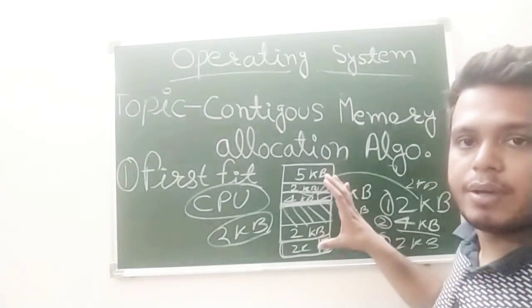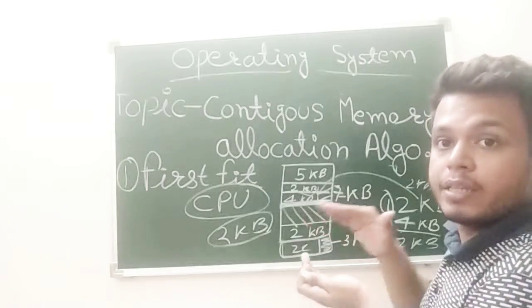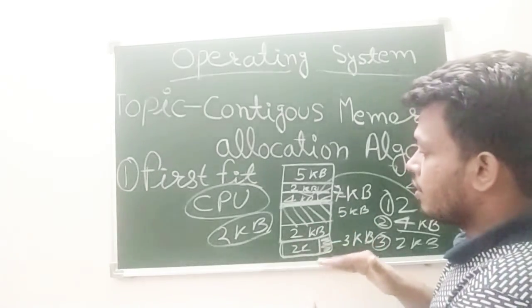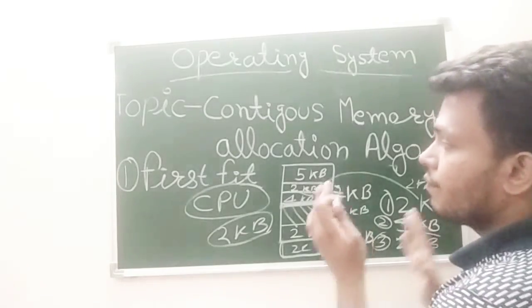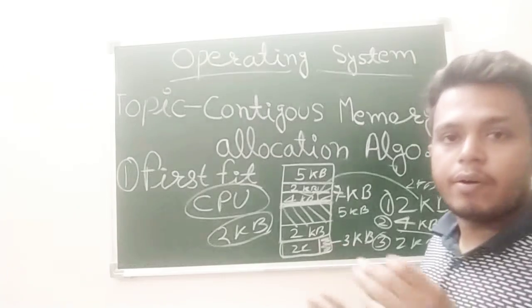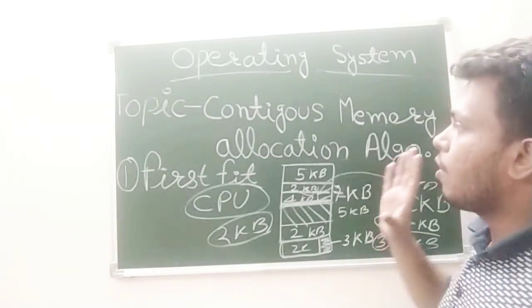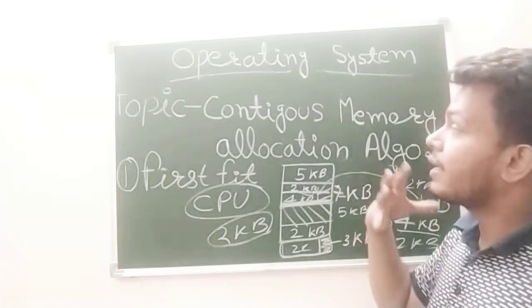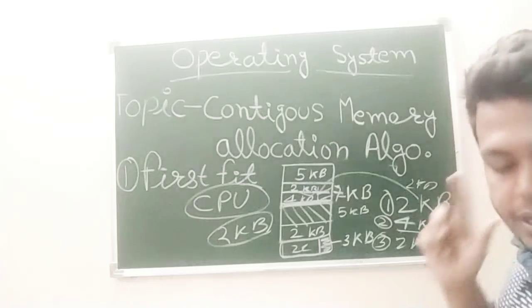Because it is a contiguous manner, we cannot use that. We cannot break the process. That is why this is first fit, and it is comparatively slower than other algorithms, and this is one of the simplest methods of implementing contiguous memory allocation. I hope you have understood this concept.